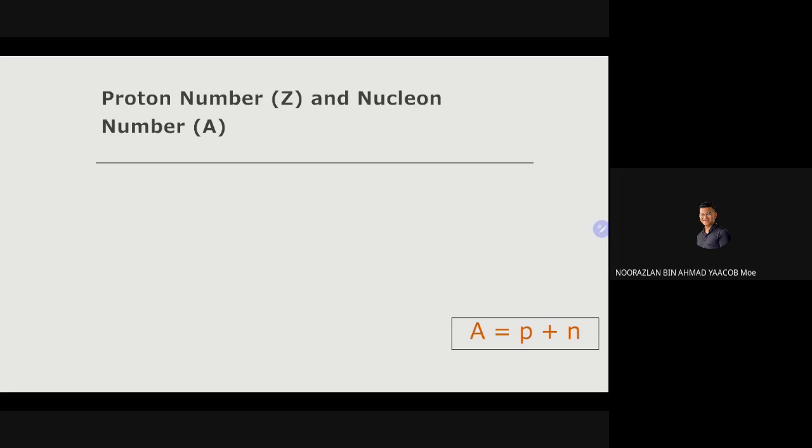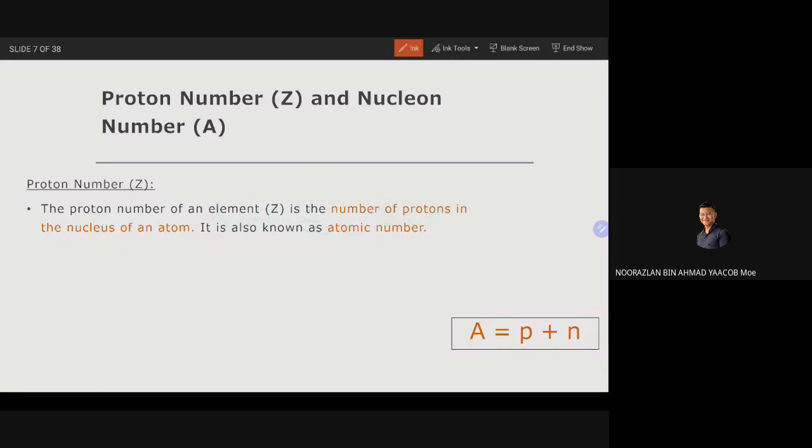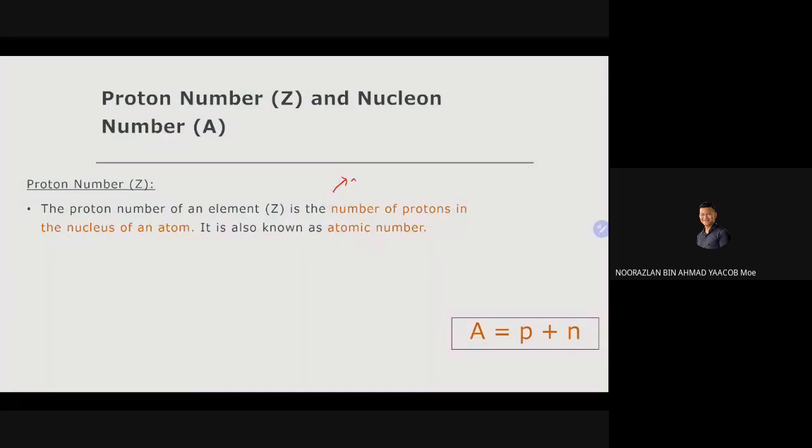Okay, so proton number Z and nucleon number A. So proton number, symbol dia adalah Z. The proton number of an element, Z, is the number of protons. Ini adalah definition ya. Definition of proton number.